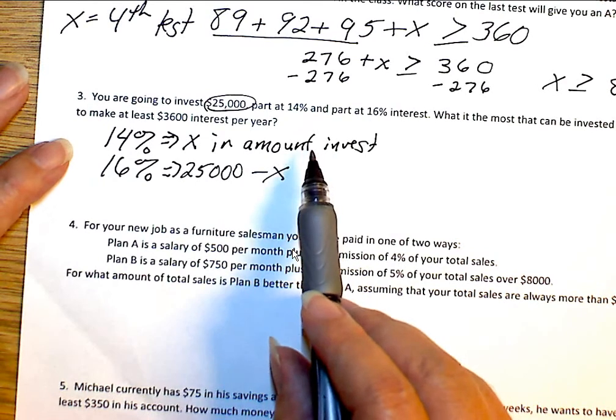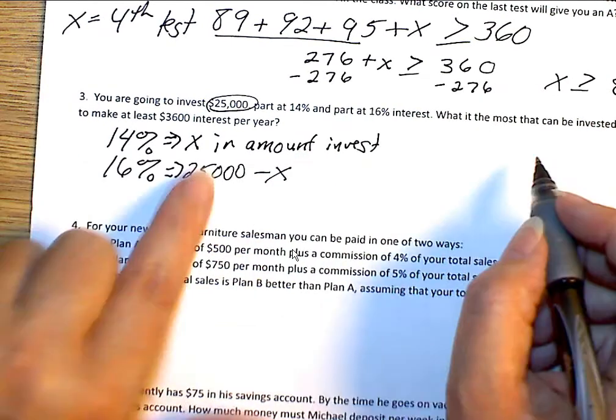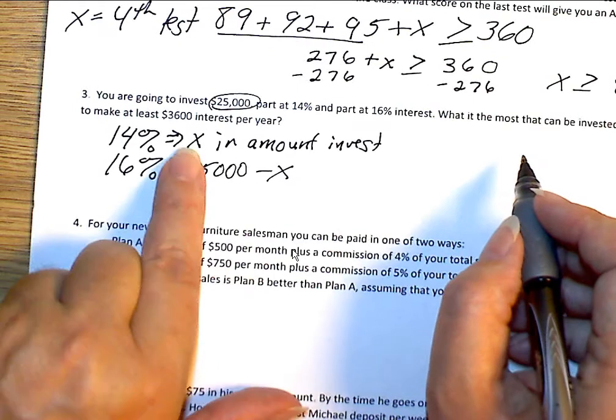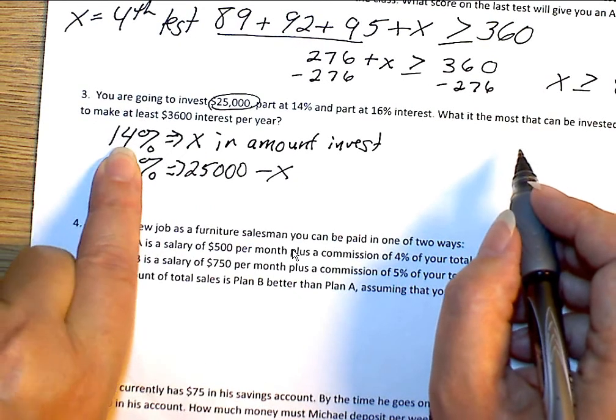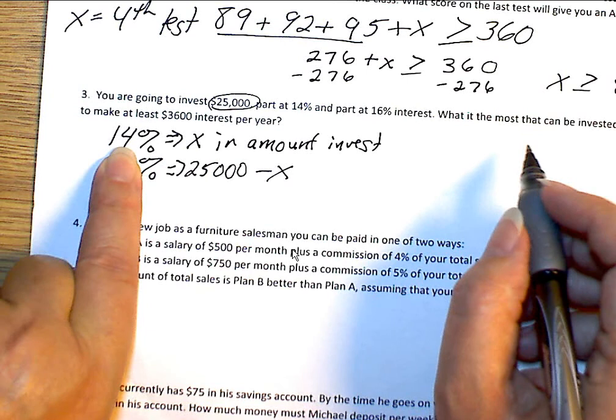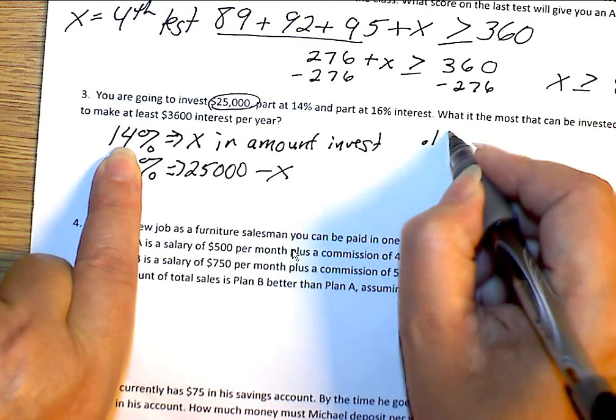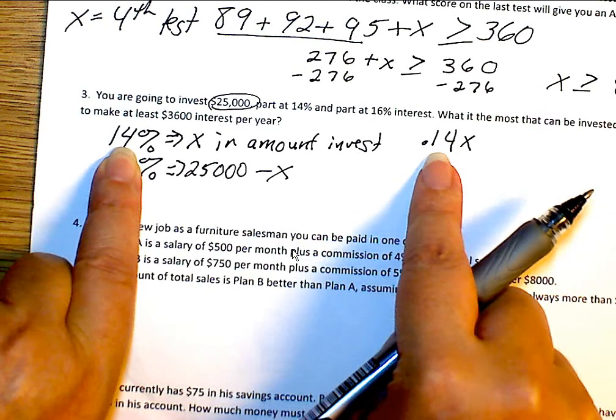So anyway, we have X amount at 14%. How do I write 14 as percent? 0.14 X. Because X is going to be times by that.